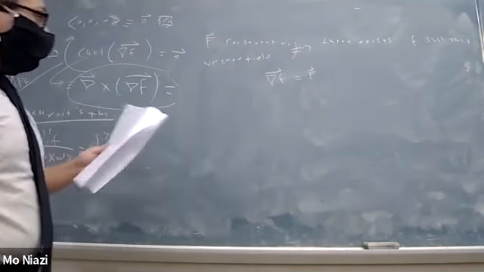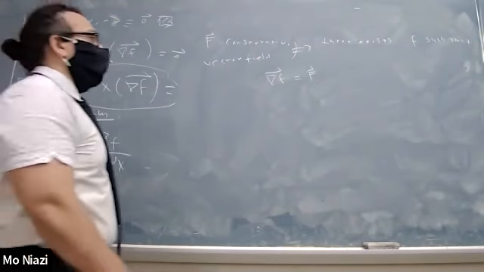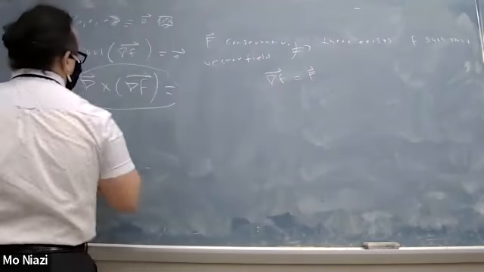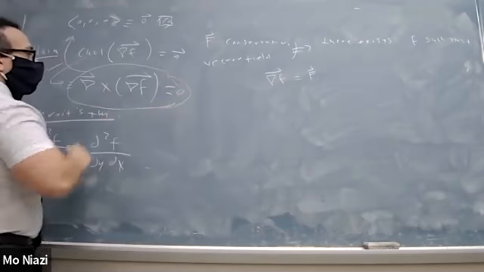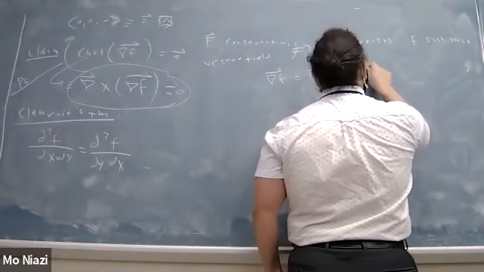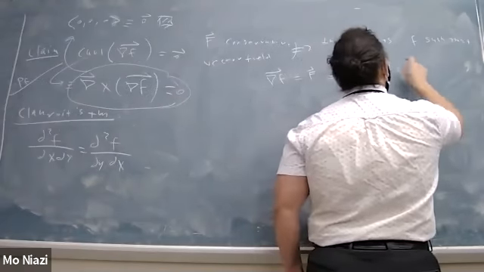So notice that if the gradient of f is equal to your vector field, this theorem that we just proved, that the curl of the gradient of a function is equal to 0, allows us to say that the curl of a conservative vector field is equal to 0.